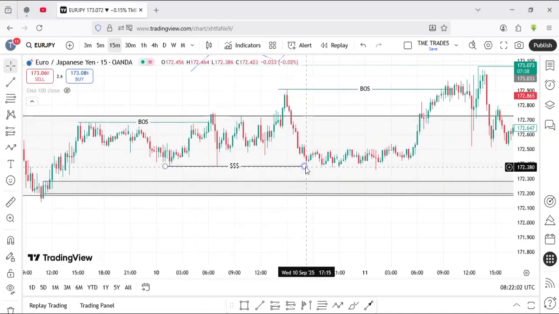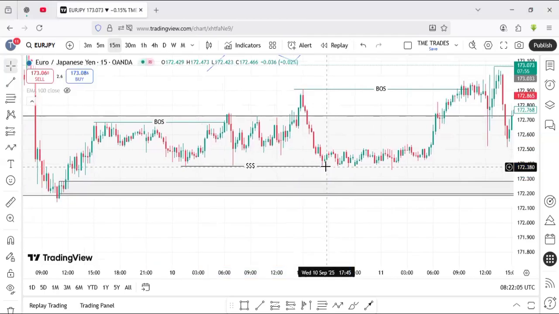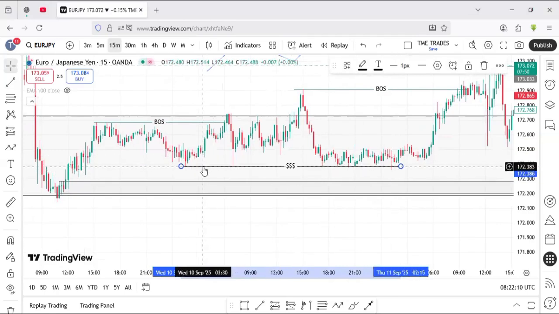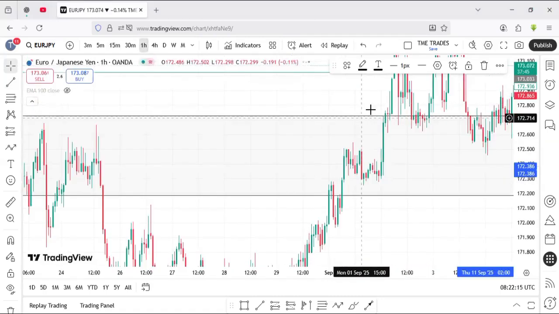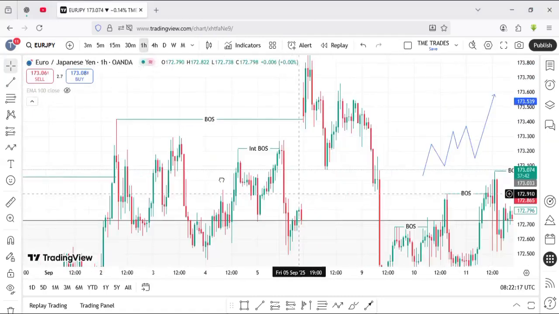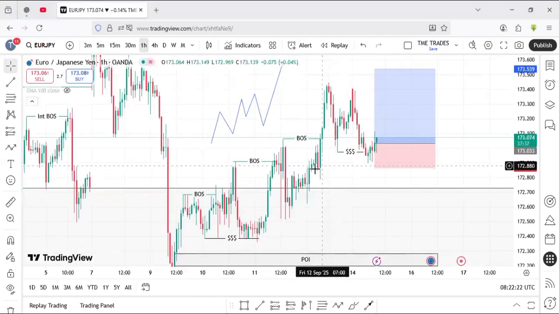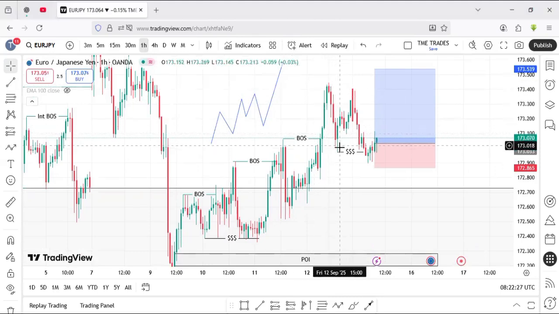The market came down here, sweeping the low position with this wick before continuation to the upside. So we should be expecting the same thing to happen here, which had already started happening. After the market broke this structure to the upside and created this, we are waiting for it to sweep this after going to this place. This happened on Friday. We are waiting for the market to sweep this low before any other thing.